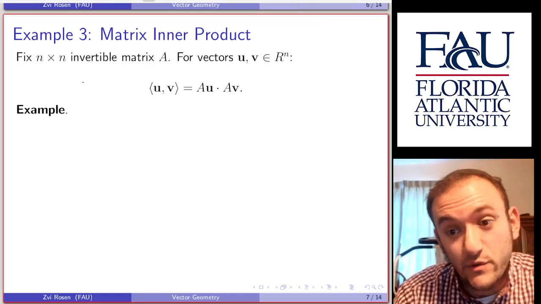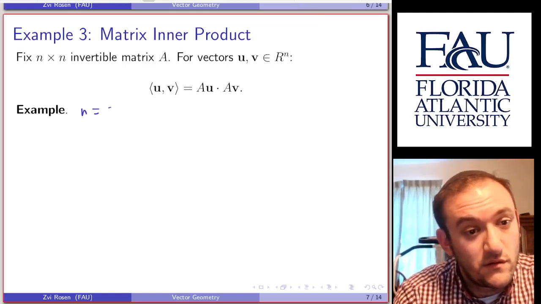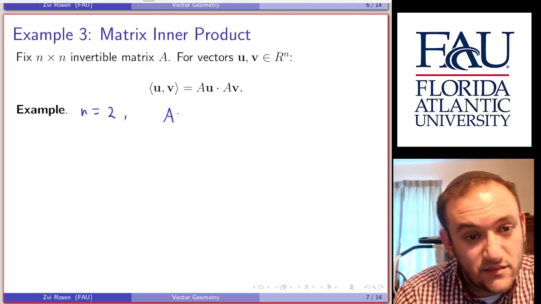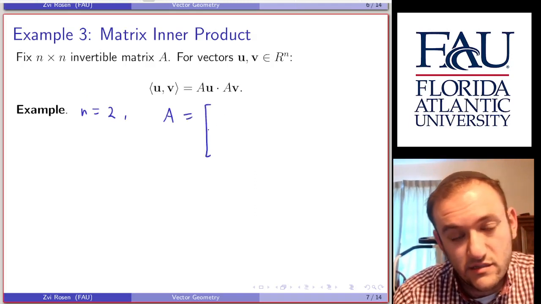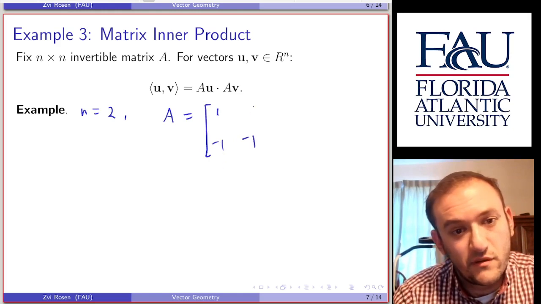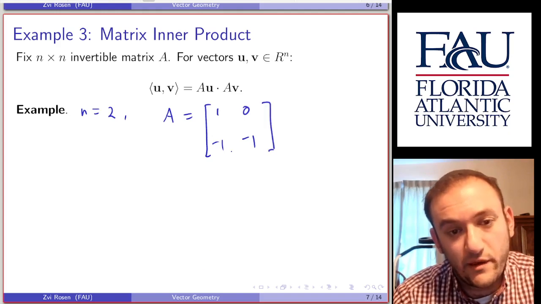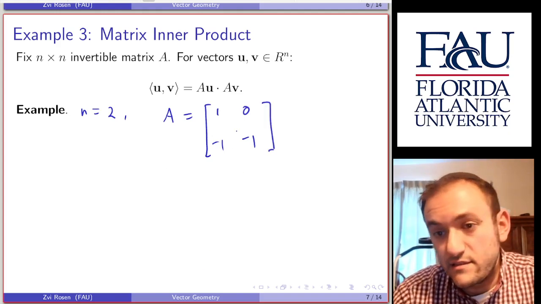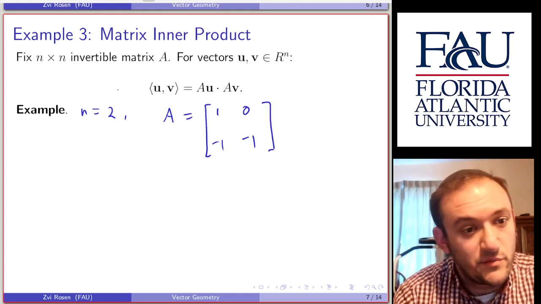We'll take n equals 2, and we'll fix A to be the matrix, so make it not too complicated. Let's make it look like this. Okay. And since it's lower triangular, we can be sure it's invertible.